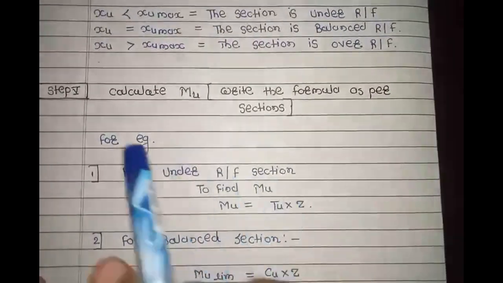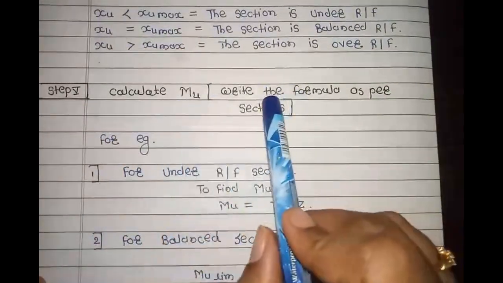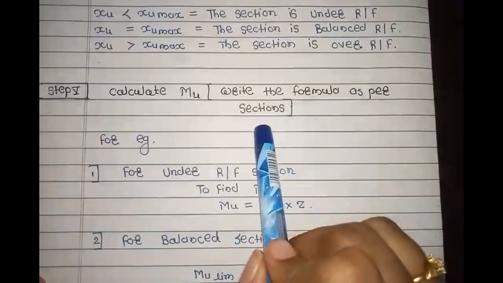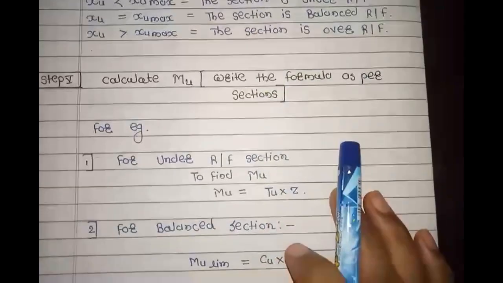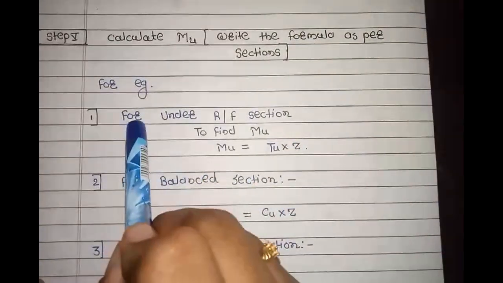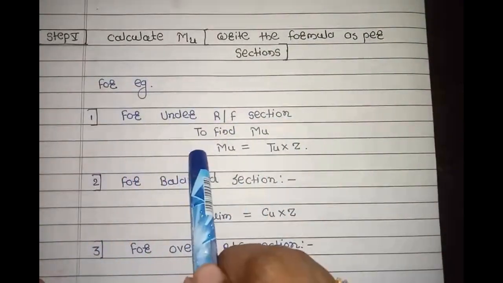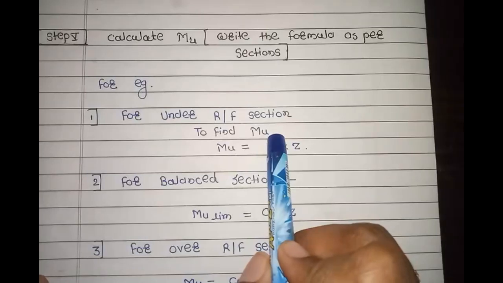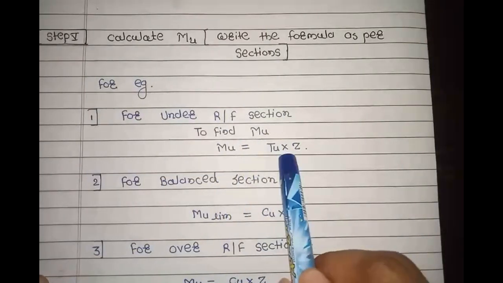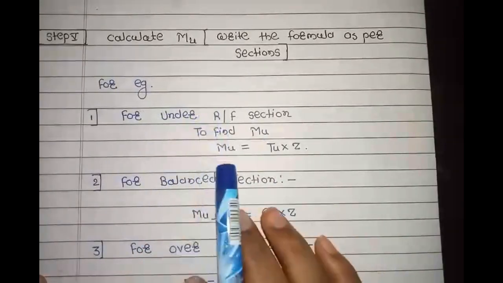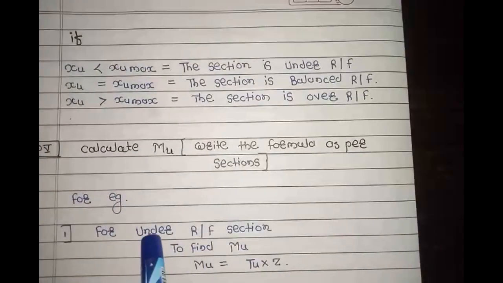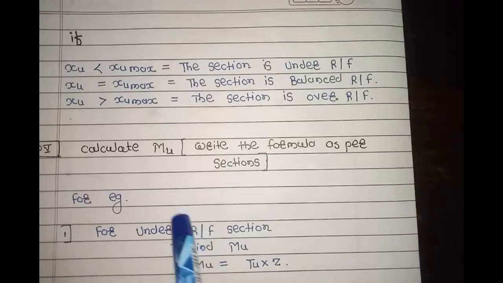Step 5. Calculate Mu. Write down the formula as per given section. For example, for under reinforced section, Mu is equal to Tu into Z. So what is the condition for under reinforced section?